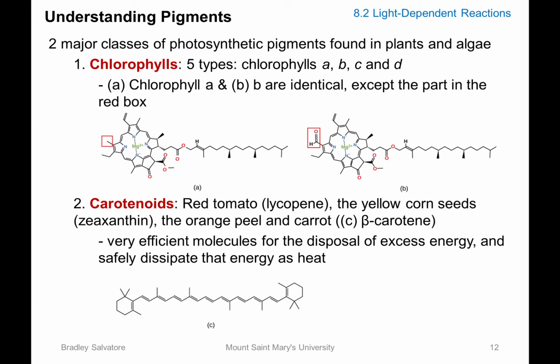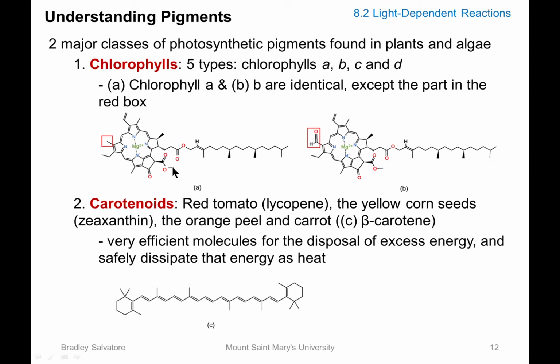So the pigments that we have been talking about that are responsible for light absorption are divided into two major classes. We have our chlorophylls and our carotenoids. For chlorophylls, we have chlorophyll A, B, C, and D, but you will hear the most about chlorophyll A and chlorophyll B in photosynthesis, because those are the main photosynthetic pigments inside the leaves.